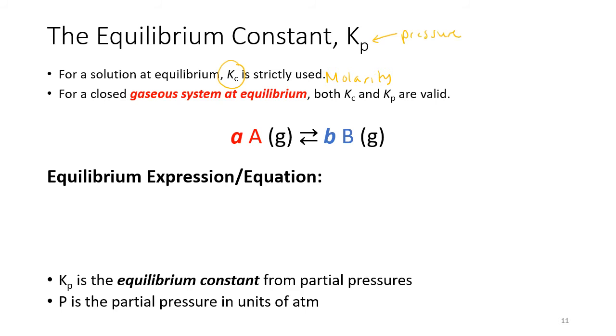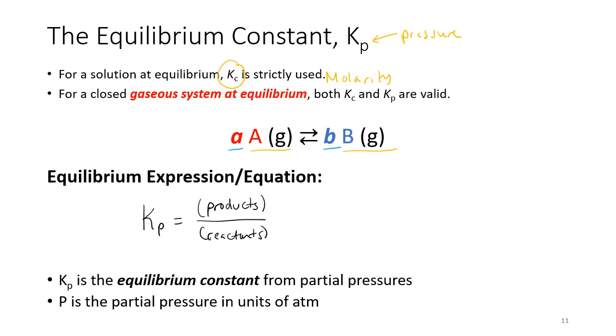Therefore, we're going to be using gases and their units will be atmospheres. Imagine we have a reaction of gas A going to gas B, and it reacts with the coefficients lowercase a and lowercase b. We can write the equilibrium expression K sub P will be equal to the ratio of the products over the reactants.